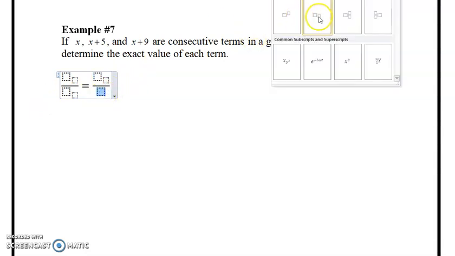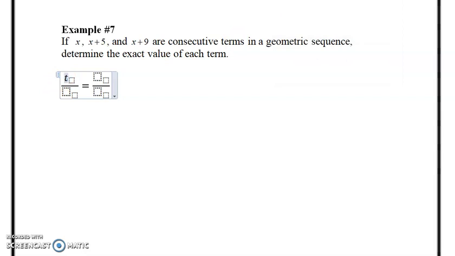If we take term 2 and divide it by term 1, that's going to be the same as taking term 3 and dividing by term 2, because we know that the common ratios are equal. Therefore, we can calculate what the x value is, determine the terms, and go from there.